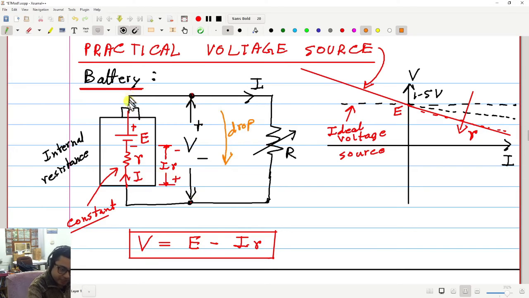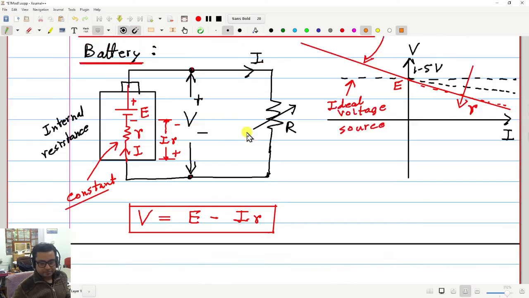Now from here to here, let us consider how much voltage drop we have. It is E minus IR. E is the drop. So it's E minus IR. Be very careful about the signs and whether you are considering drop or rise.